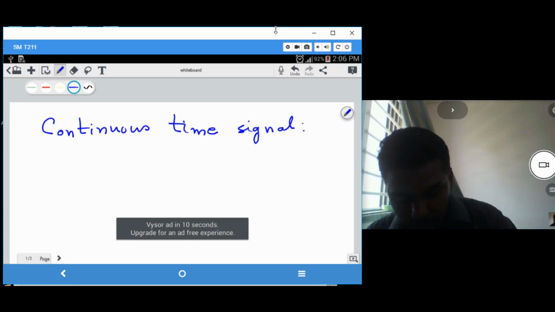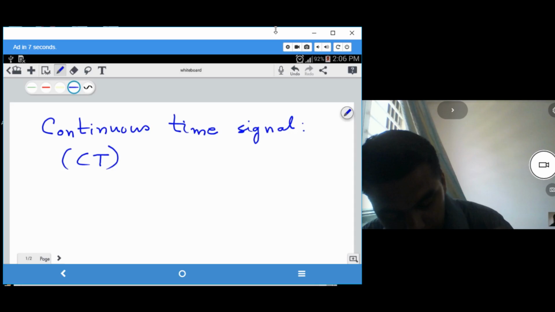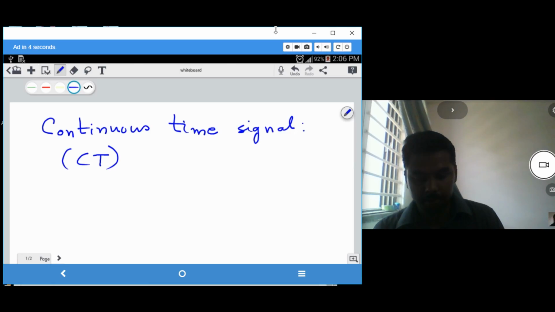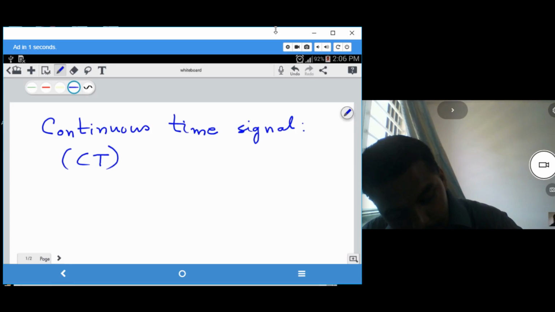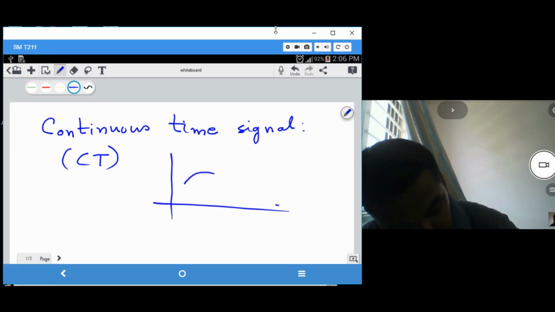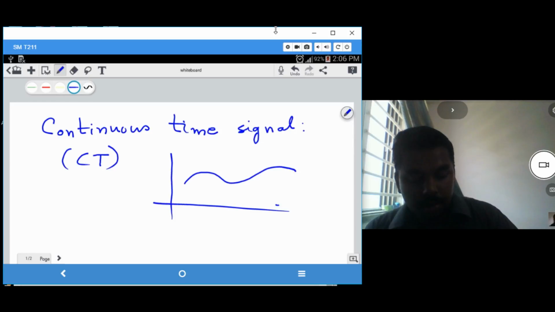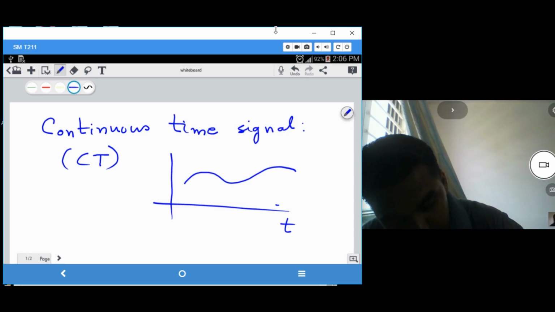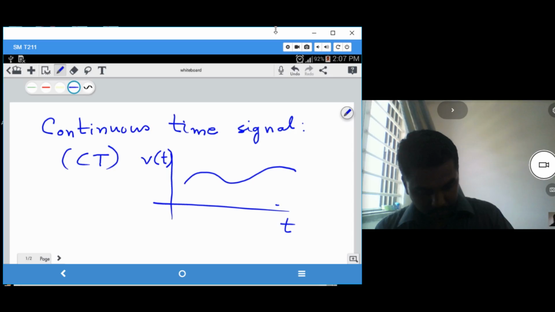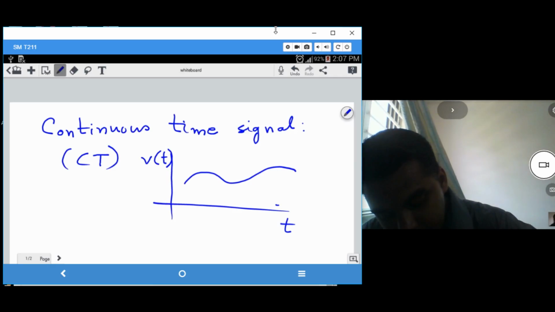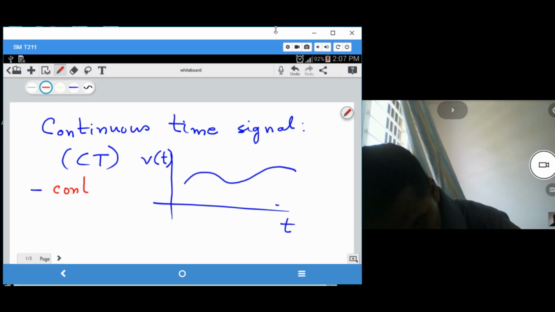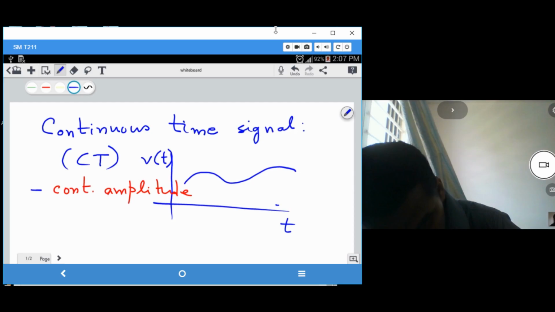In short, sometimes this might be represented as CT, continuous time. Take any arbitrary signal; this is time, this is amplitude, let us write it as v of t. A continuous time signal has two characteristic properties. One is that it has continuous amplitude, and the second is that it is continuous in the time axis also.